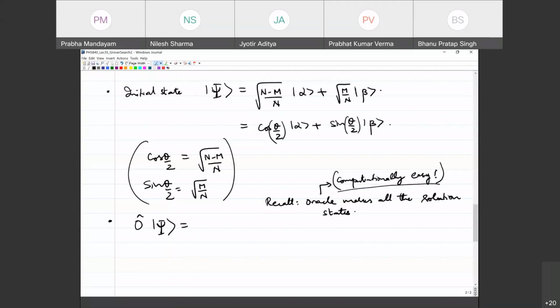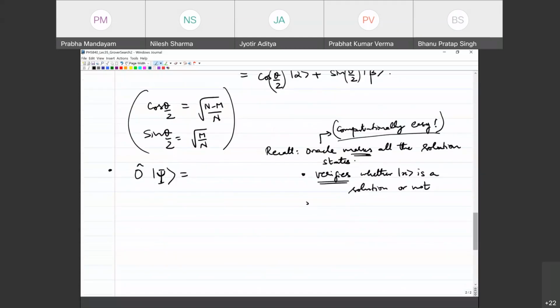That is always computationally easy. No matter how big a number you give me, doing a simple division is computationally easy. So checking whether something is a prime factor is easy, right? So just keep in mind that the oracle marks means that it merely verifies whether a given x is a solution or not. And that is what this classical function f of x is supposed to do.